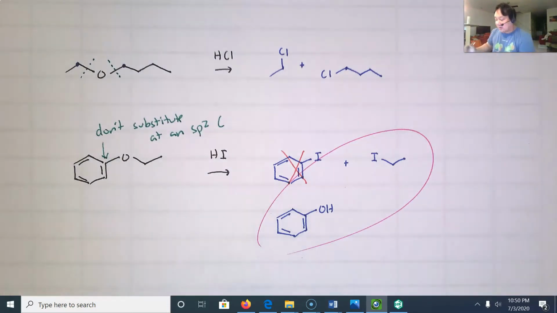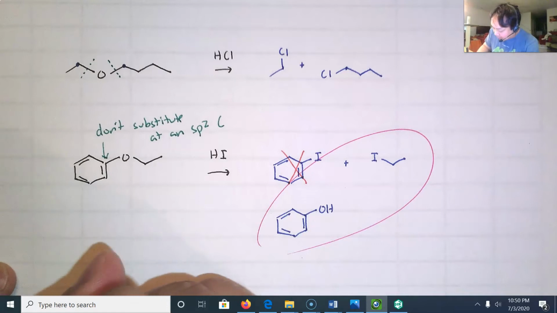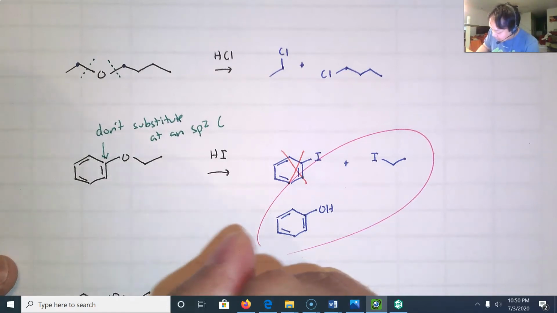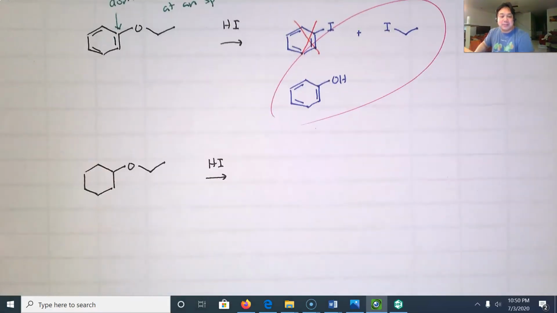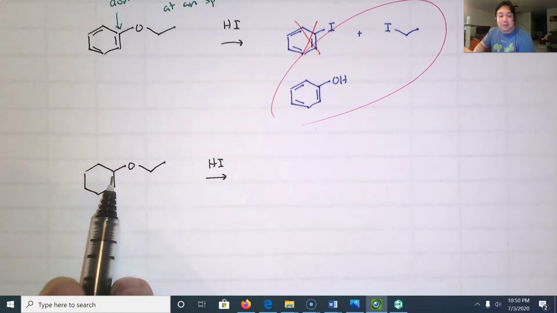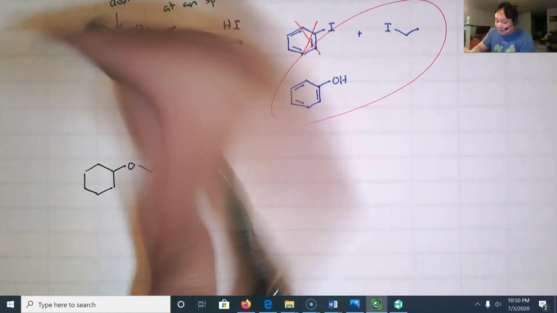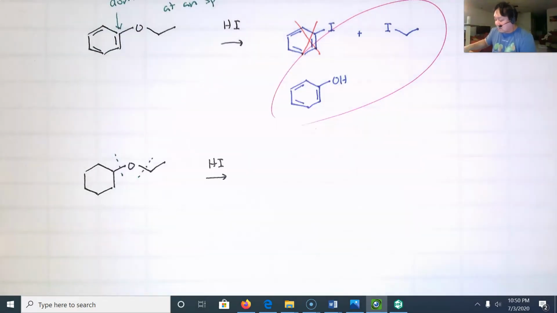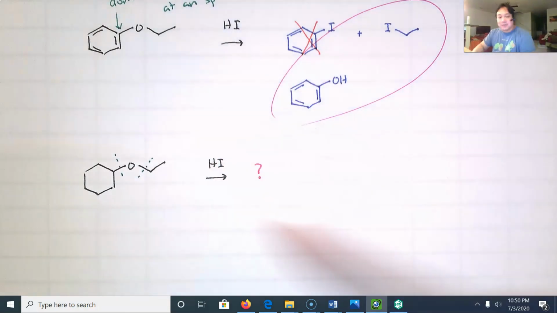Now you can cleave this with HI, and I'll leave this as an at-home problem, because that carbon is not an sp2 carbon. That's an sp3 carbon, so when you react it with HI, you will be able to cleave both sides. My time is up. You will do this at home.